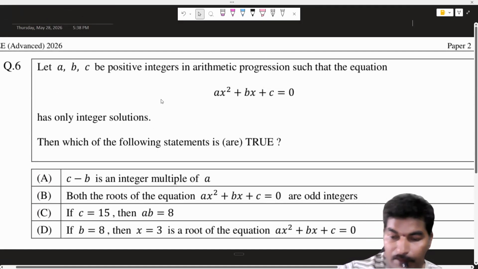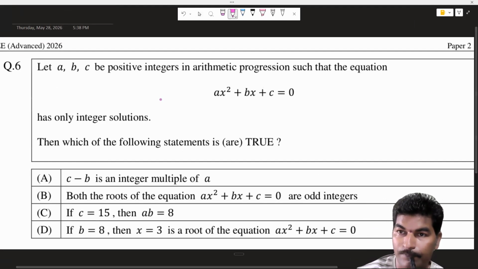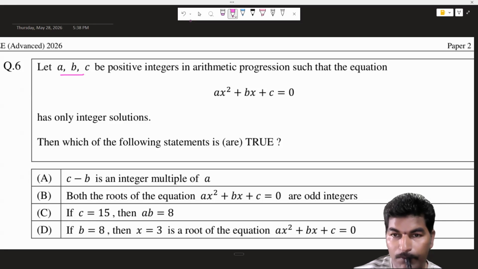Let a, b, c be positive integers in arithmetic progression. So a, b, c are in AP. What is the condition for arithmetic progression?